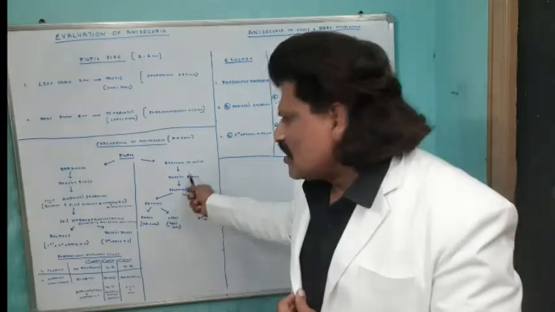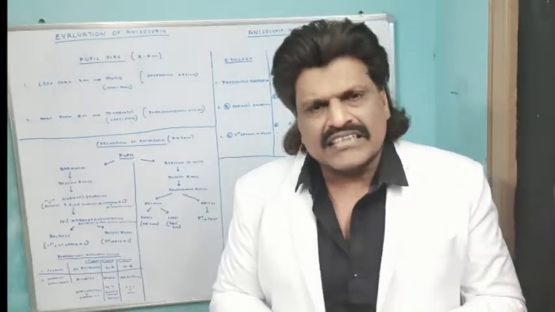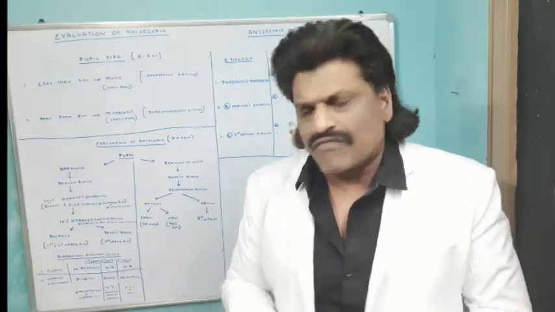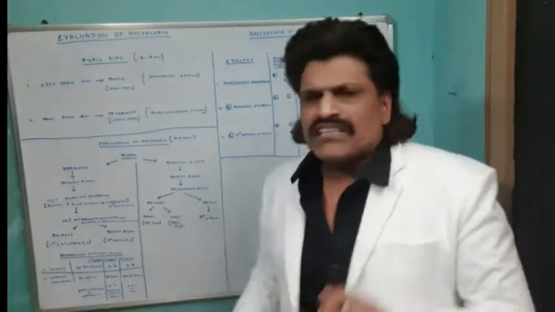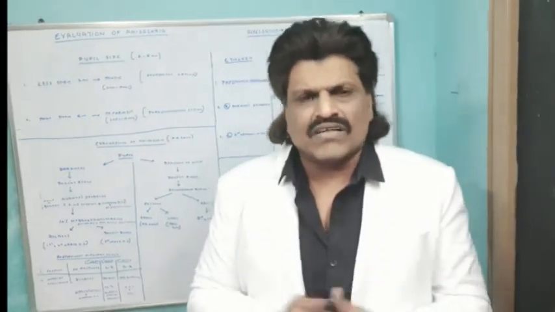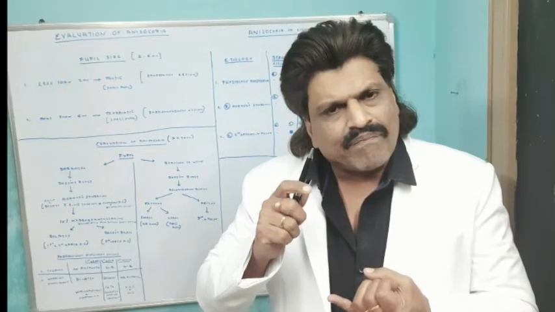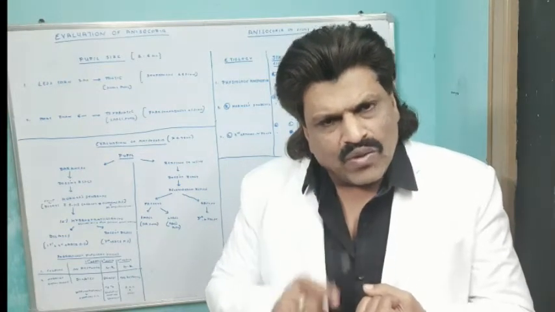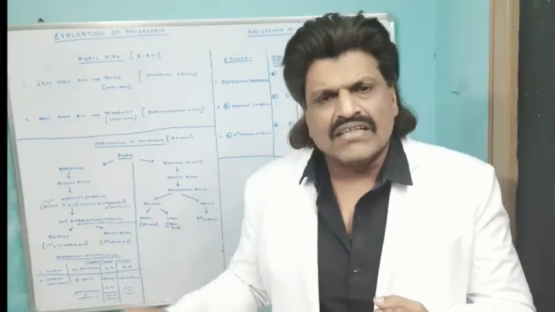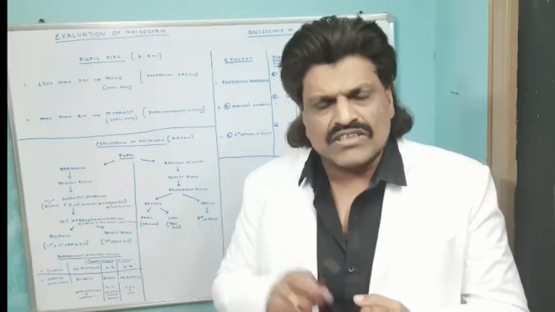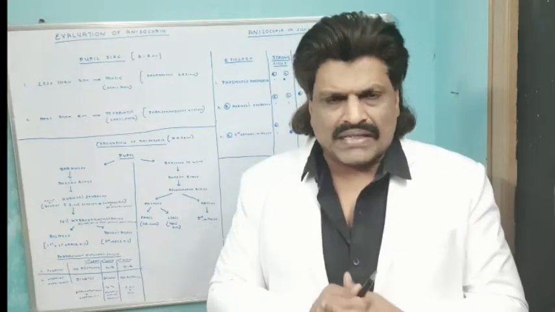If the accommodation reflex is also absent, it is a third nerve lesion. So when we throw light, there is no reaction, and when we check the near response, there is no reaction. It is third nerve palsy.